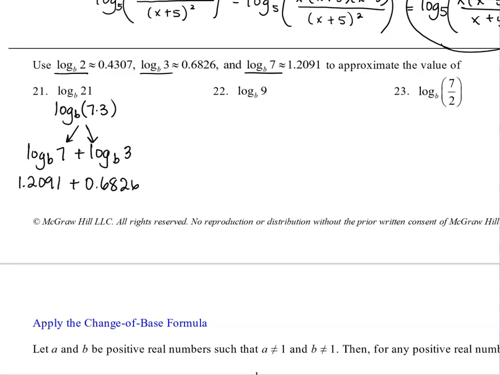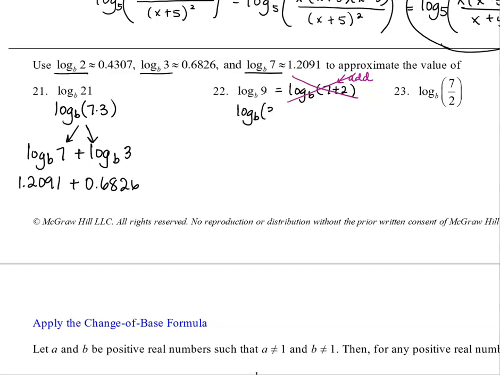In number 22, we have to figure out a way to come up with 9. While it might be tempting to write this as log base b of 7 plus 2, that's not a good idea because then you have addition on the inside of the logarithm, and we do not have a rule for addition on the inside of the logarithm.